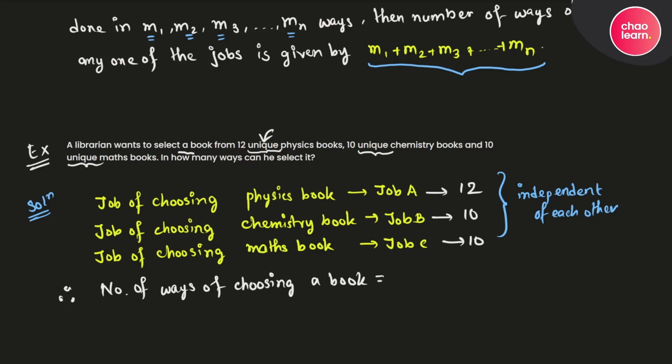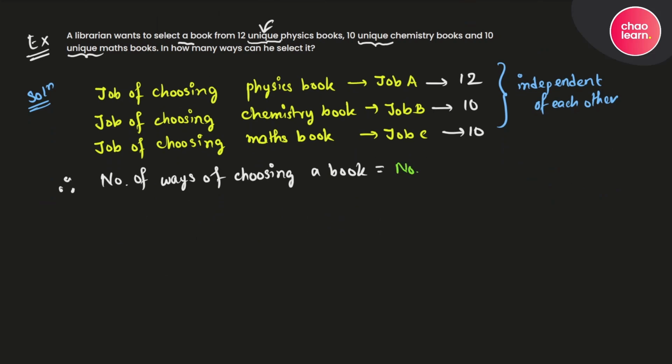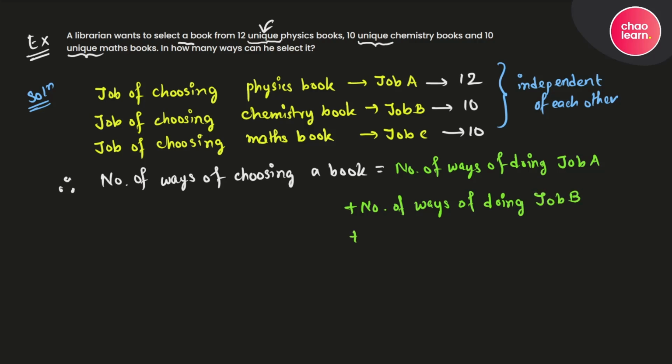So by the fundamental principle of addition, we can say that the number of ways of choosing a book is equal to the number of ways of doing job A plus the number of ways of doing job B plus the number of ways of doing job C, correct?